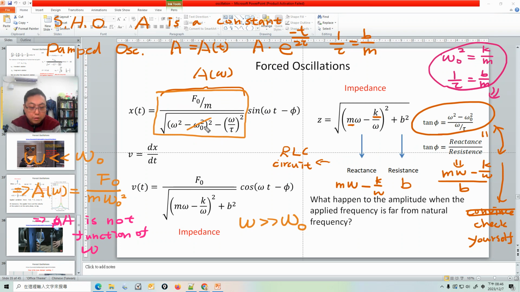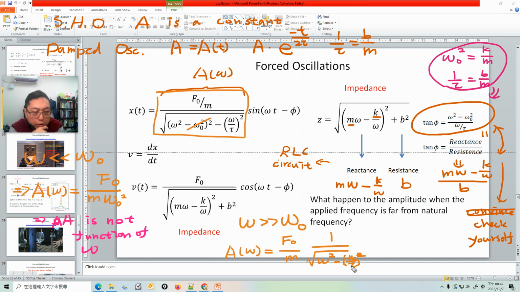Okay, so when your omega is way larger than omega zero, let's see. Do we need a calculation or some derivation here? Our amplitude function will become F0 over m, and this omega square root of omega square minus omega over tau square.